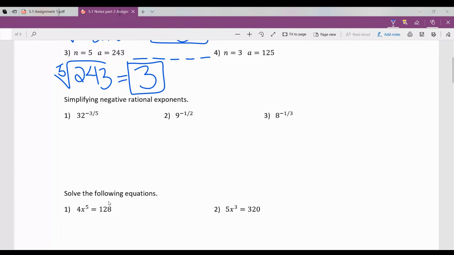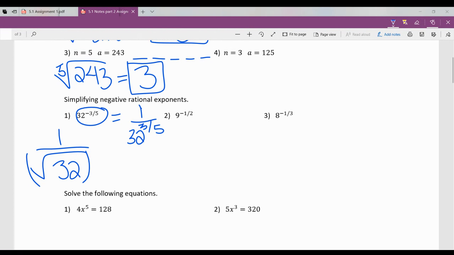Okay, so the deal with this is when we have a negative exponent, we relocate it into the denominator and make it positive. So we're going to write it as 1 over 32 to the positive 3/5. Now I can do power over root, so it's going to be 1 over 32 to the 3rd power, and the root is 5.